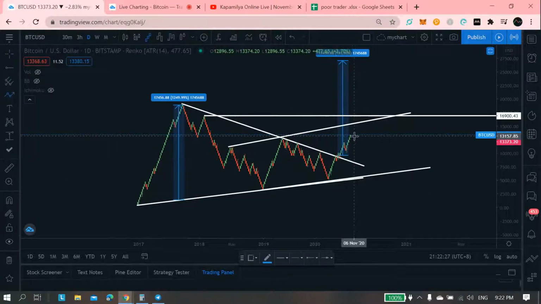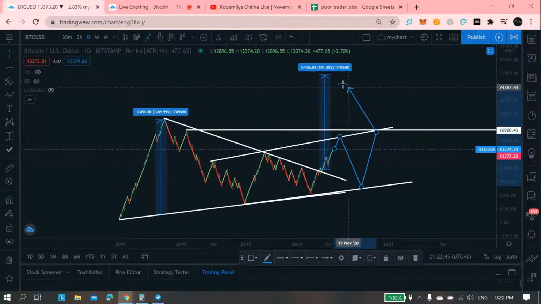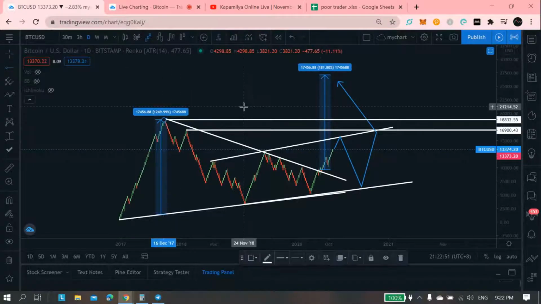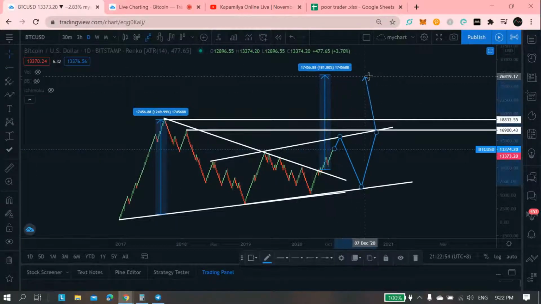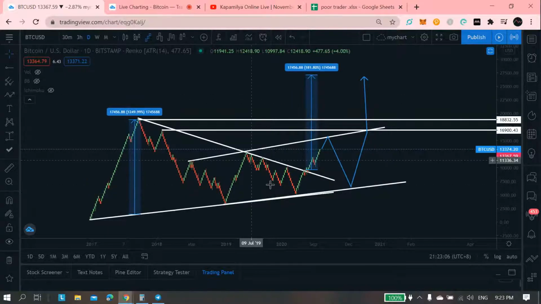So possibly break out at this area and retest that all-time high to 27,000. So that's my expectation. Currently, most of my trades, as I mentioned in my previous video, came from long positions. So anyway, I think that's it for our long-term charts.